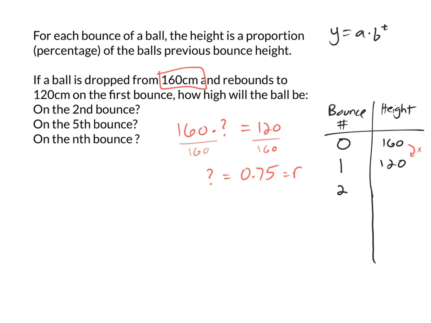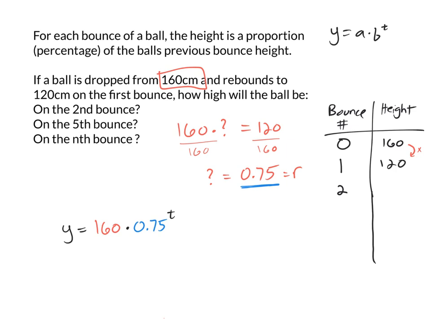Y equals my starting point, 160, times my rate, which is 0.75 to the power of t. And we should expect that as the ball bounces more, it gets smaller.